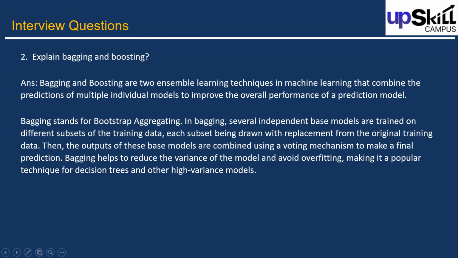Bagging stands for bootstrap aggregating, where several weak learners or base models are trained on many subsets of data. The output of these models is then combined by a voting mechanism to decide the result.